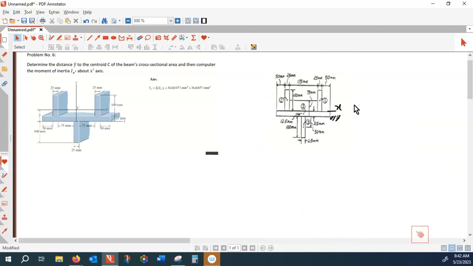With this, we would like to find the center of area for this cross section.